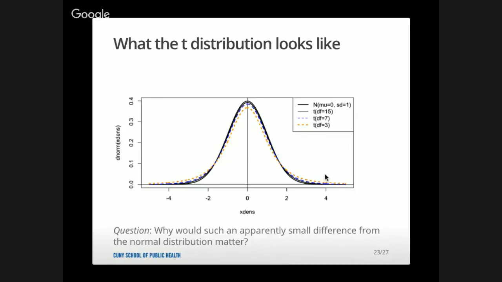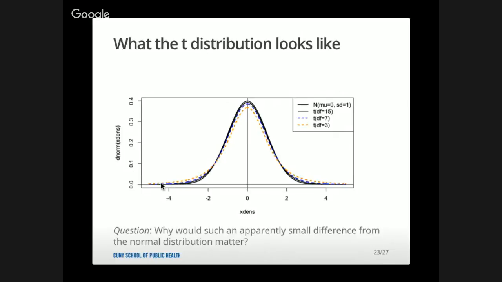So yeah, it can change your probability of accepting the null hypothesis. And even what looks like a small difference here, you can imagine that once you're out in these tails, this is actually quite a large difference.